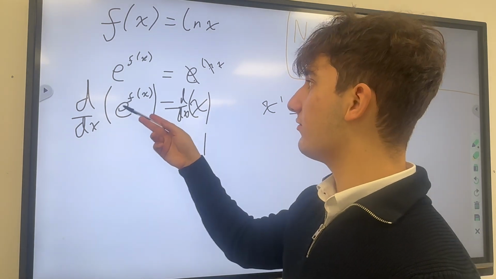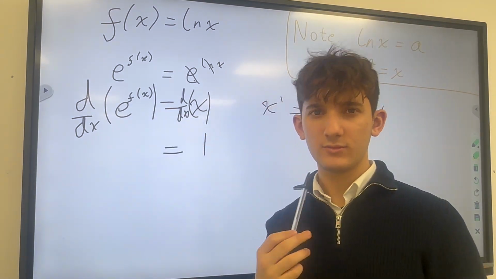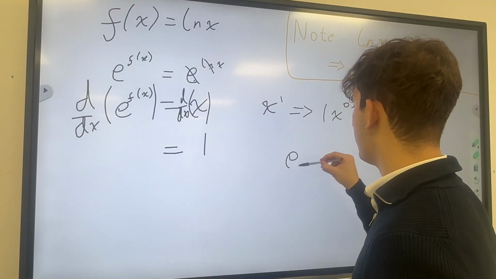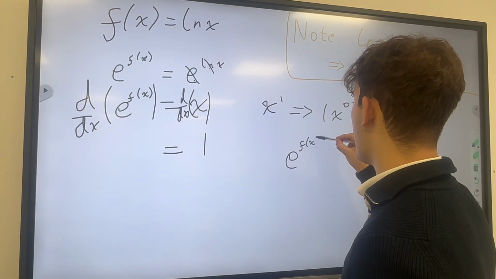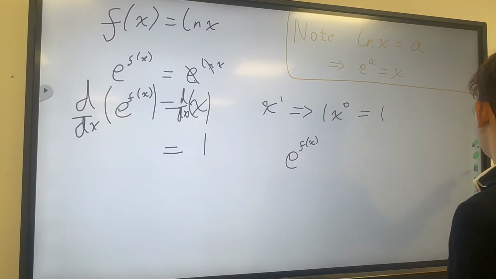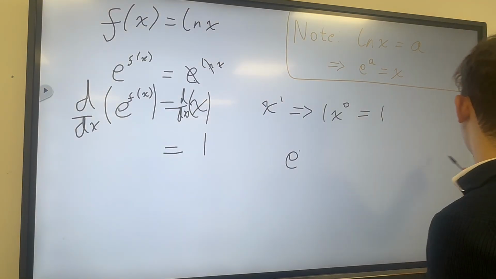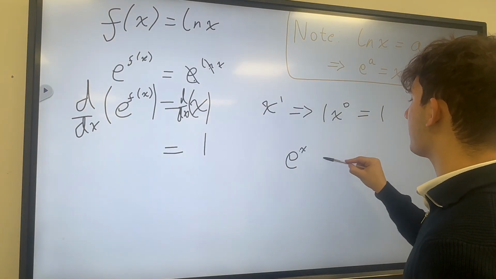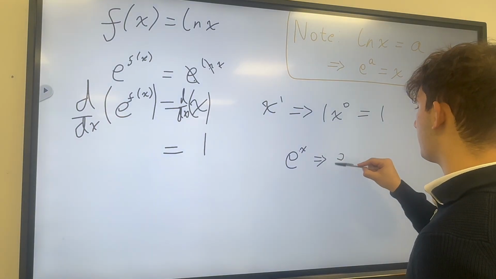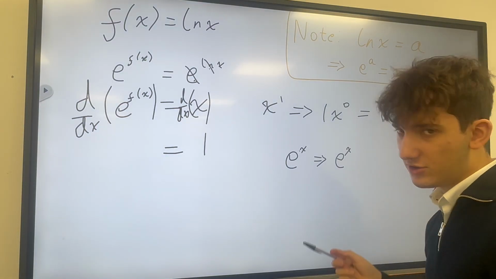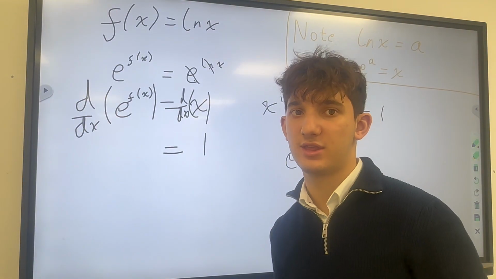And as a derivative of e to the f of x, well, we talked about this. If we've got e to the x, that derivative is just going to be e to the x. But the special thing here is we've got f of x instead.